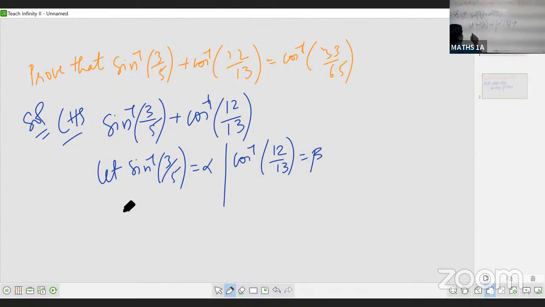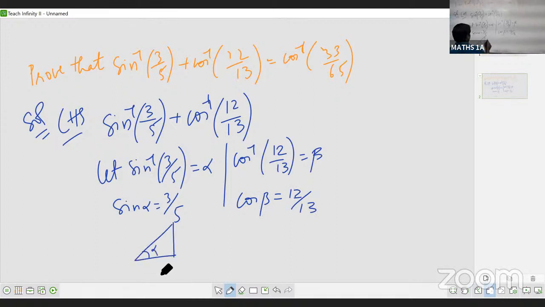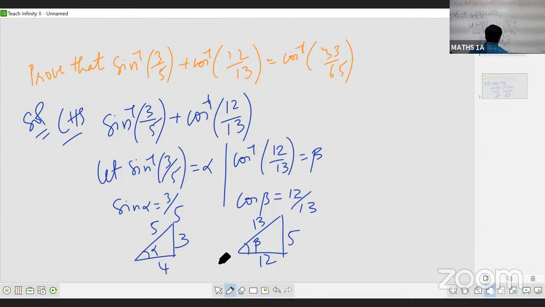That is nothing but sin alpha is 3 by 5, cos beta is 12 by 13. According to Pythagoras theorem, for alpha, with 3 by 5, the other side is 4. For beta, with 12 by 13, the other side is 5.